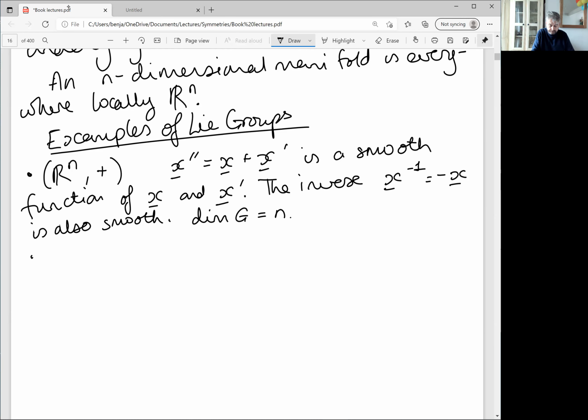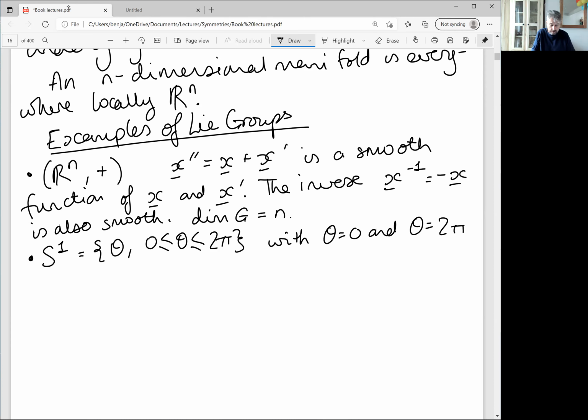Another example is our circle that we saw already in chapter 1. So this is defined to be the set of all real parameters theta, where theta is allowed to vary between 0 and 2 pi inclusive. But we identify theta equals 0 and theta equals 2 pi. So the group operation here is also addition.